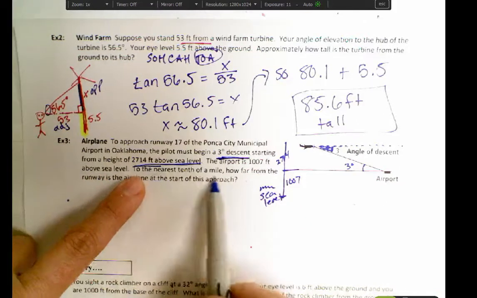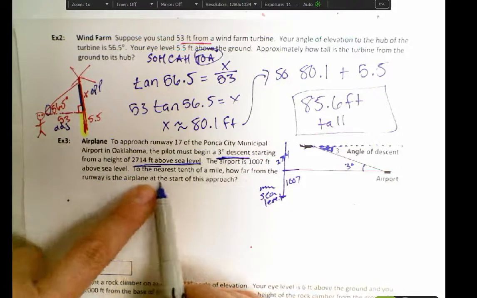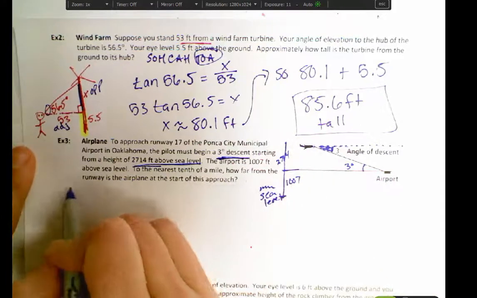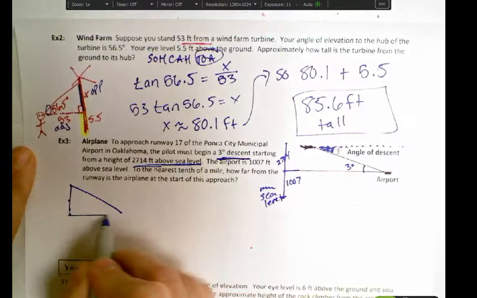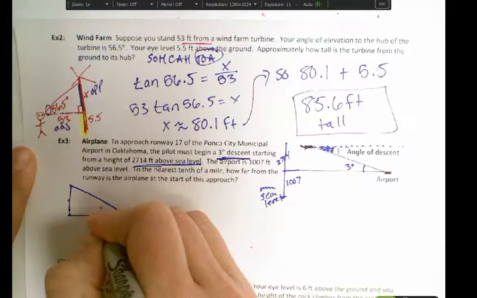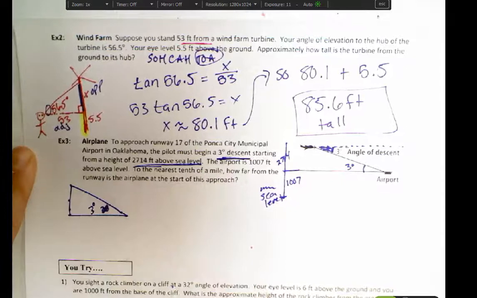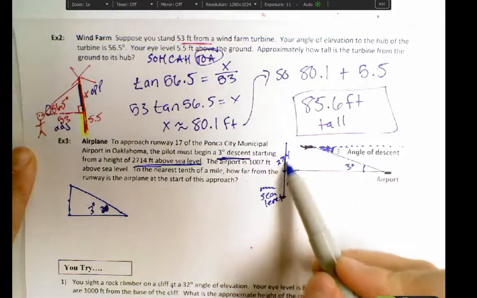To the nearest tenth of a mile, how far from the runway is the airplane at the start of the approach? So I need to set up a right triangle with the pieces of information that I need. I know that that's 3 degrees. I know my airplane, I'm looking for how far above the airport he is.